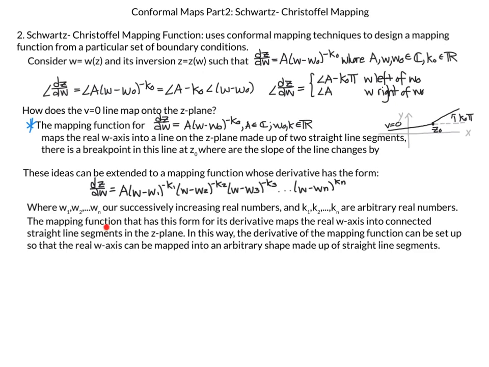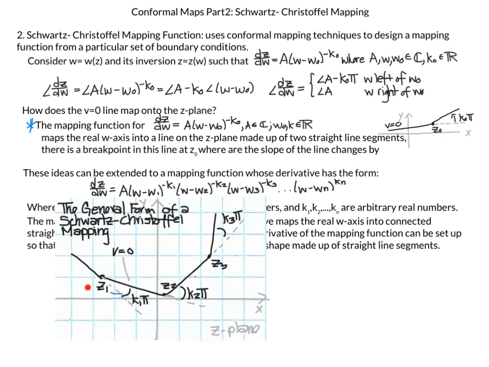So the mapping function that has this form for its derivative maps the real w-axis into connected straight line segments in the z-plane. In this case, there are n straight line segments. In this way, the derivative of the mapping function can be set up so the real w-axis can be mapped into an arbitrary shape made up of, in this case, n straight line segments.